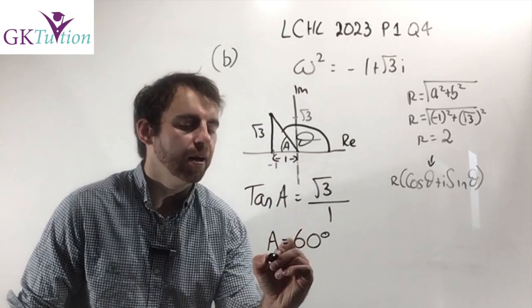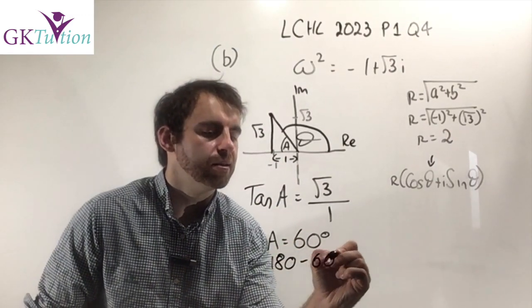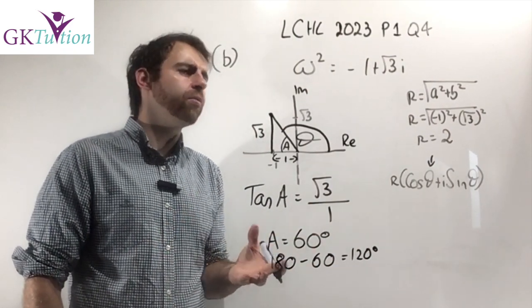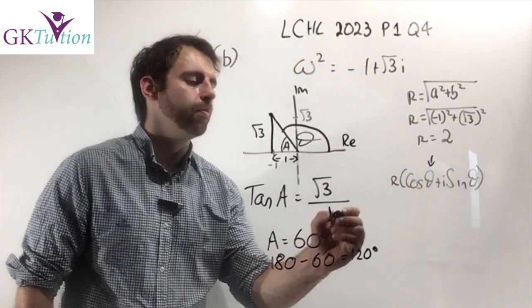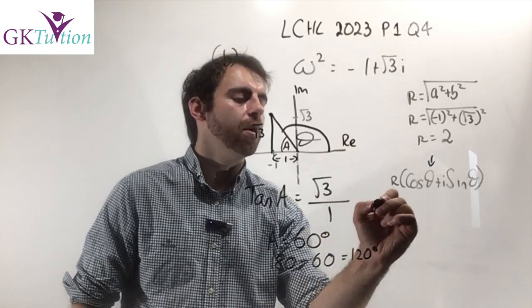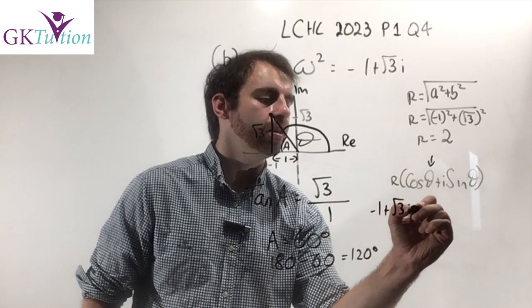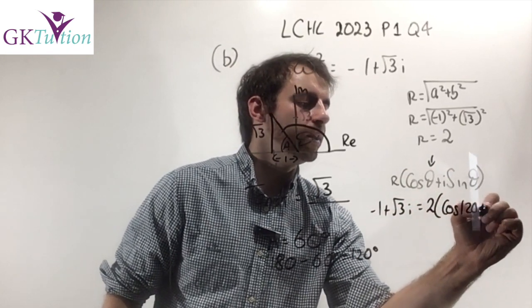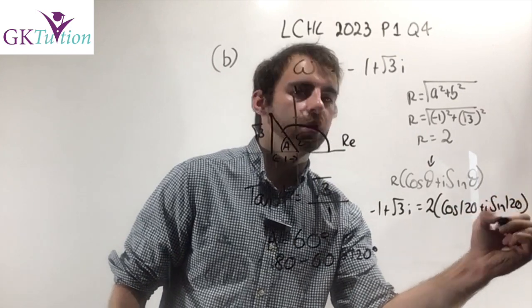To work out theta, it's simply going to be 180 degrees minus 60, which is 120 degrees. So now we have enough information to write this in polar form. The complex number I started off with, -1 + √3i, is the same as 2(cos 120 + i sin 120).